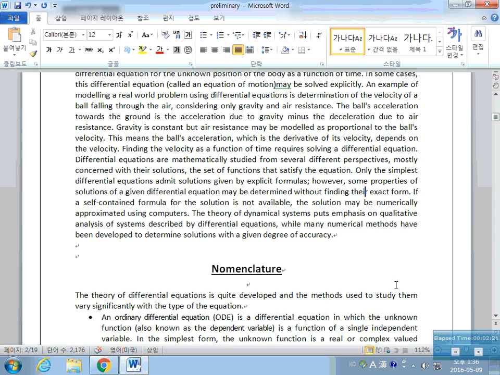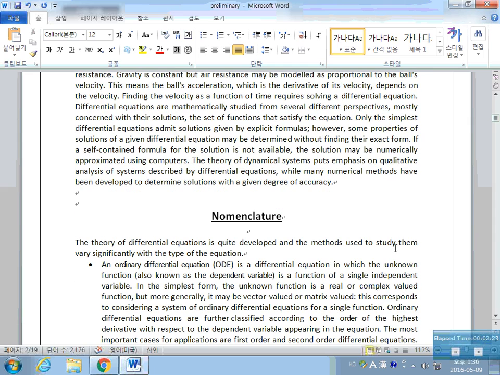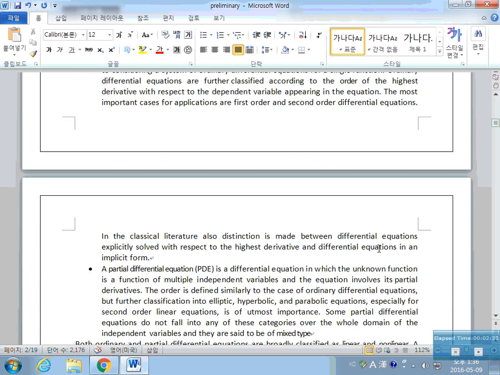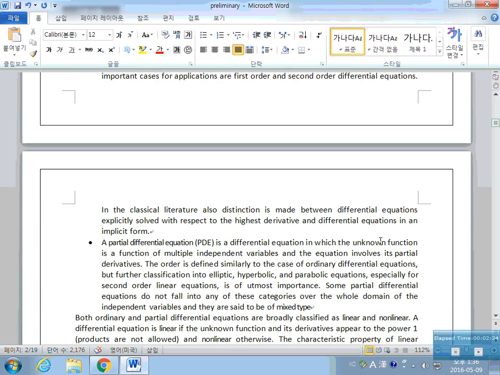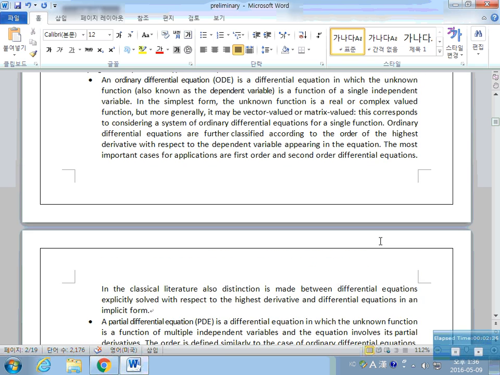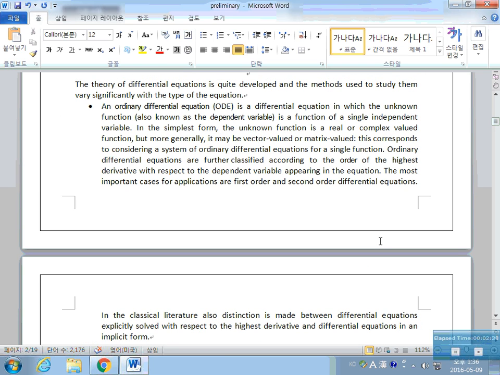Now, what is the nomenclature of differential equations? Basically, there are two types of differential equations. One is the ordinary differential equation, and the second one is the partial differential equation. So what are ordinary differential equations? An ordinary differential equation is basically an unknown function of a single variable.